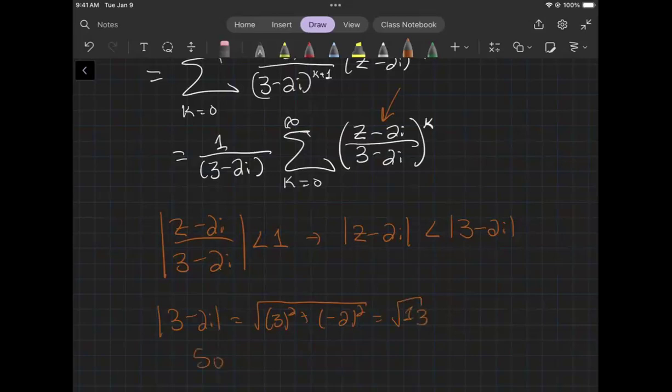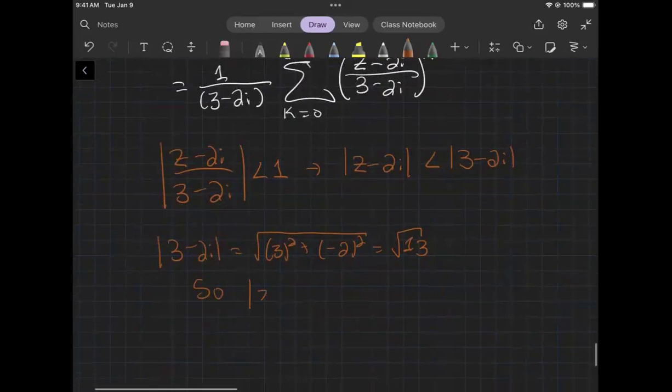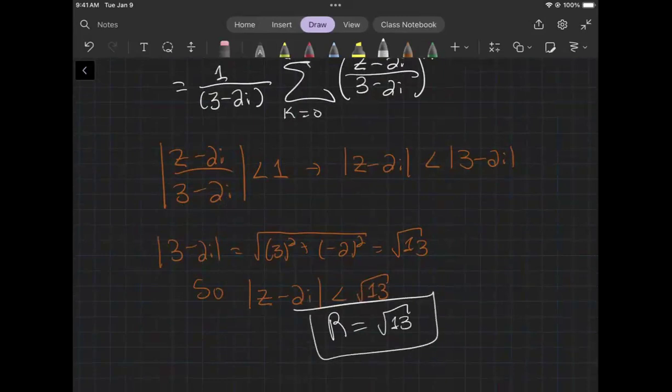So the circle of convergence is centered at 2i, and the radius of convergence is the square root of 13. So that's how you formulate the Taylor series of that function and determine its radius and circle of convergence.